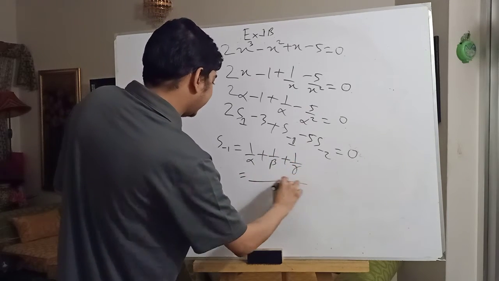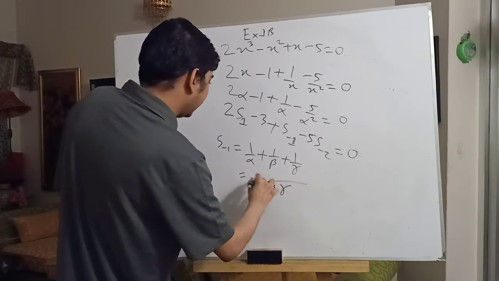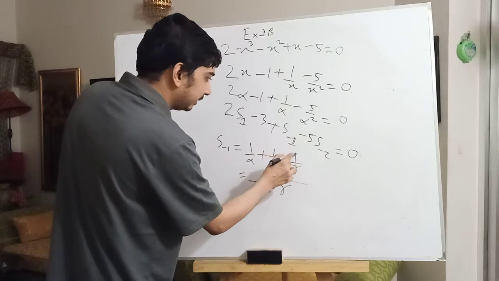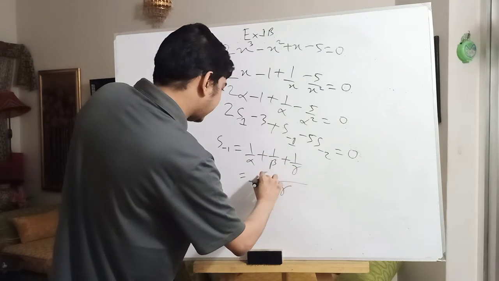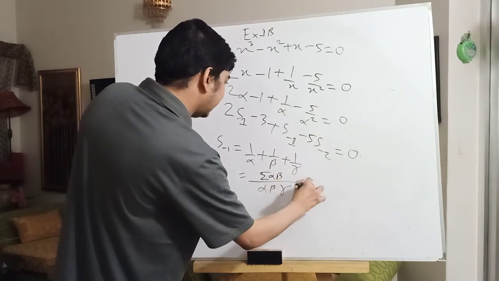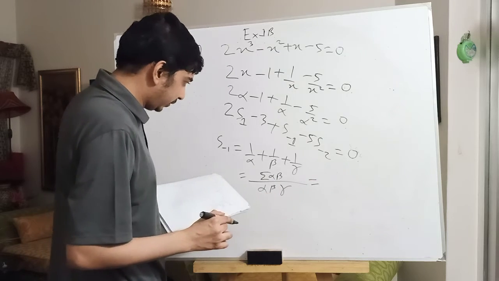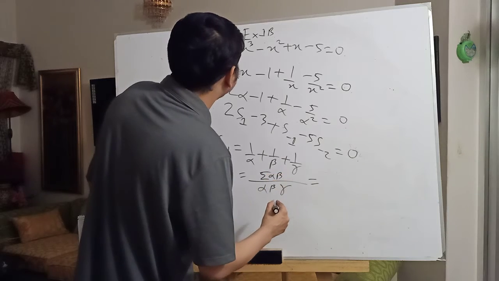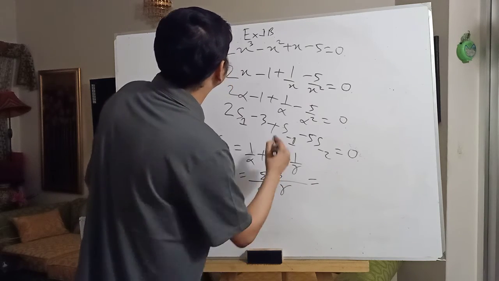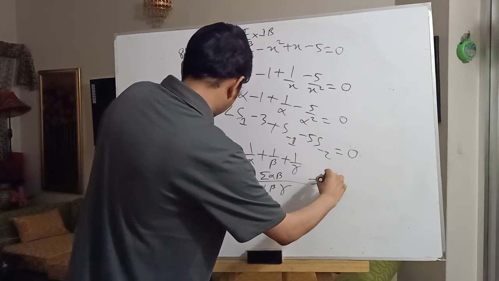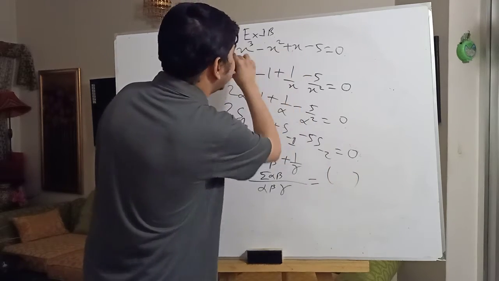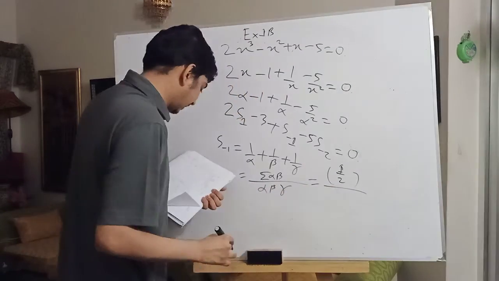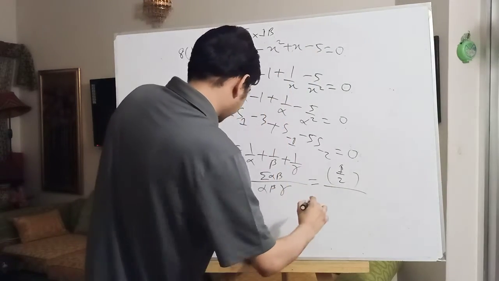If I simplify, the numerator is beta gamma plus alpha beta plus gamma alpha, the summation of alpha beta, over alpha beta gamma. The summation of alpha beta is going to be 1 by 2, half, divided by alpha beta gamma, which is minus 5 by 2.